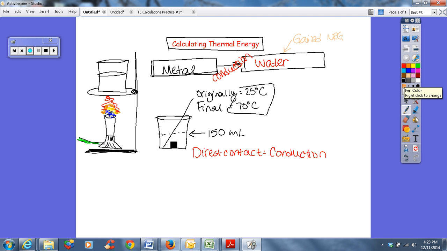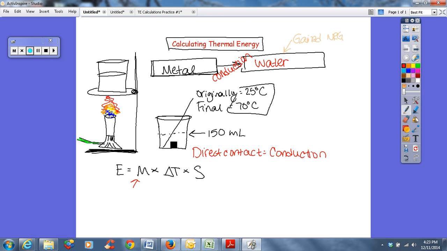All right, so in order to calculate thermal energy, we have to understand what the formula is that we use. Thermal energy, E, equals mass times change in temperature times the specific heat of the material that is gaining energy.